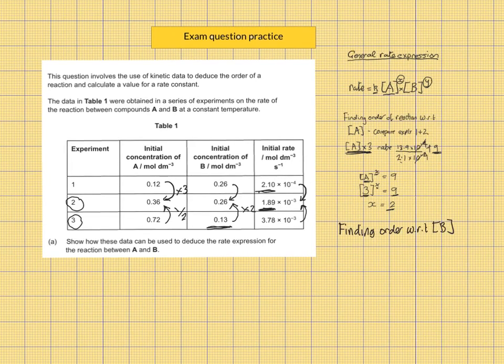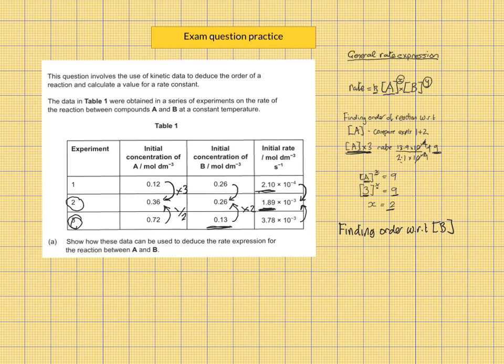In order to find the order of reaction with respect to the concentration of B, we need to choose 2 experiments where B has been varied. Unfortunately, there are no experiments where the concentration of A has been kept constant. However, we do know the order of reaction with respect to the concentration of A. So let's choose experiments 3 and 2.